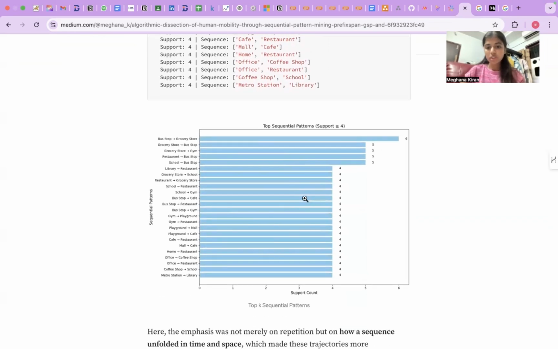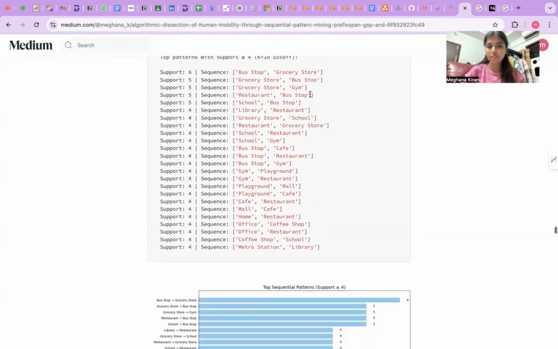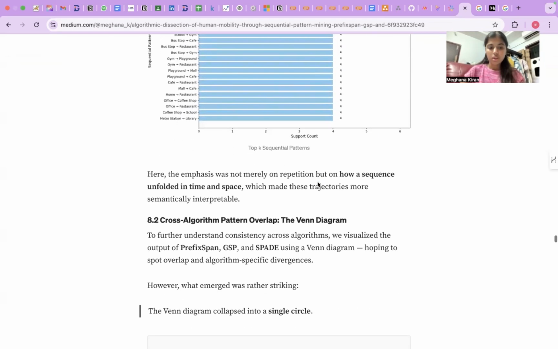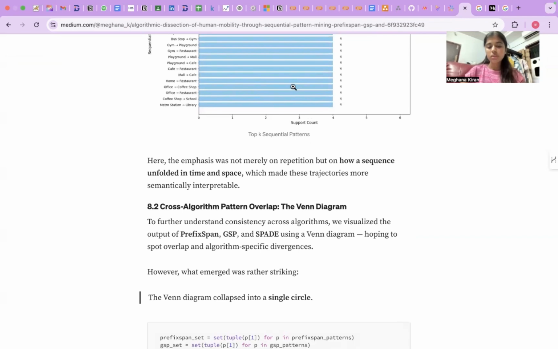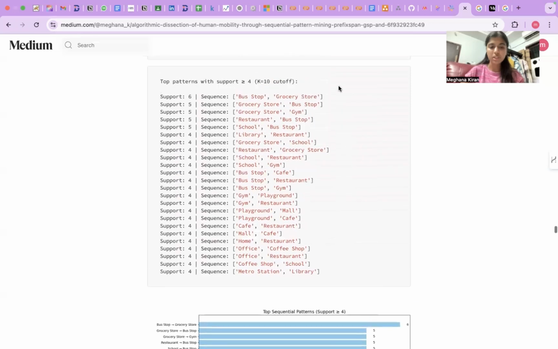So now it is not just the top 10, but the top frequent patterns with the threshold that we have mentioned here. The emphasis was not merely on repetition, but on how a sequence unfolds in time and space.